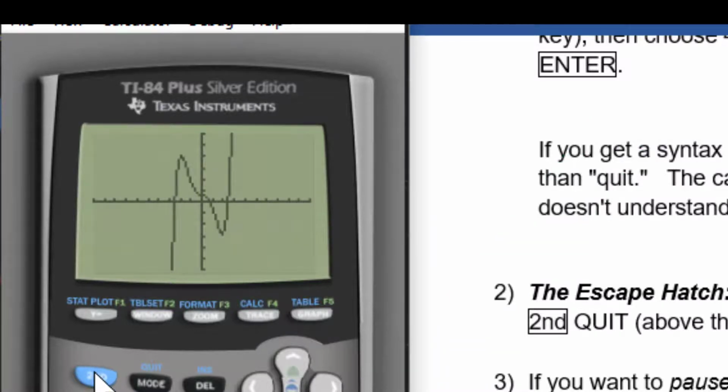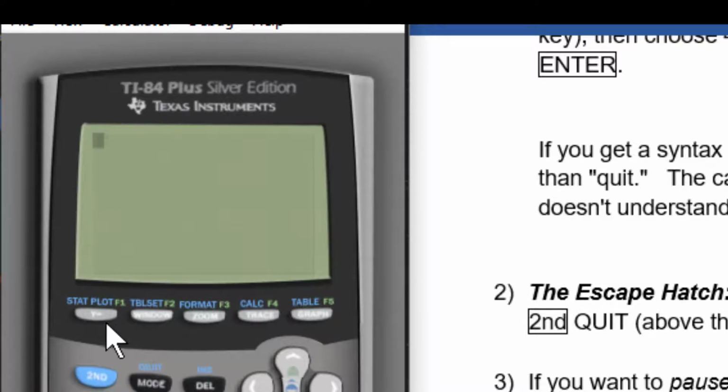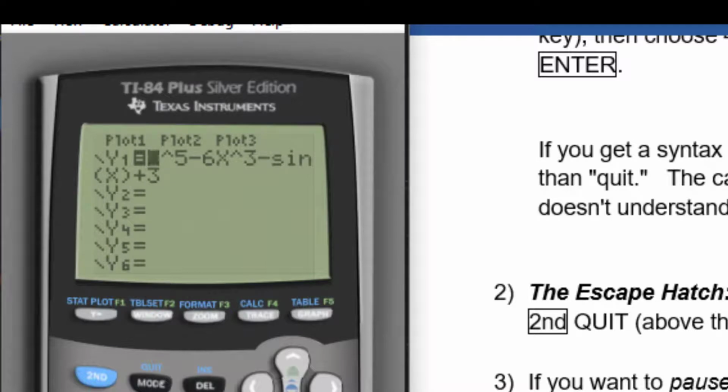Okay? Let me show you one more thing. Let's say that we were in that y = screen and we had some horrible mess here. Let's stick a tangent in there. We don't even know what tangent is, but there it is. We'll make it tangent of x squared, even worse. Okay, so what I've done here is I've made an equation, a formula that's even a little bit more complicated than the last one.